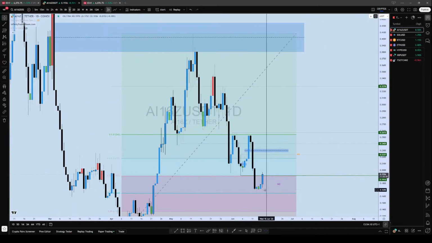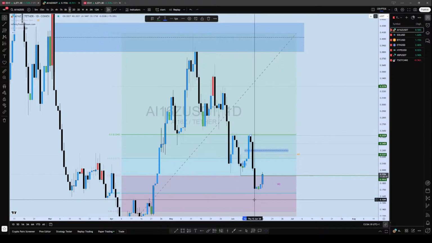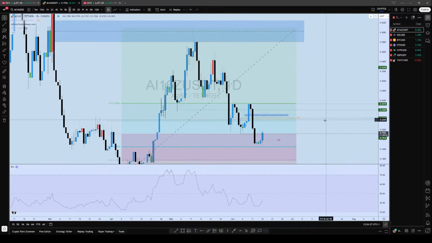So from here, I would want to see them start screaming up. So this range high to this range low, I want to see them trade through this imbalance, through that, and then break structure. On the daily, the RSI, we are showing some form of a divergence, right?